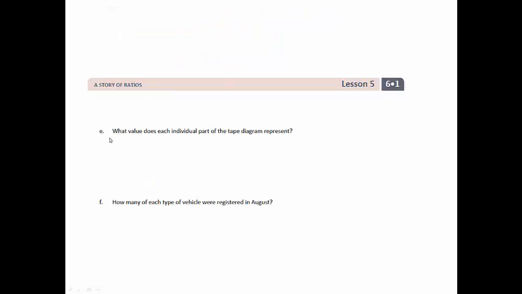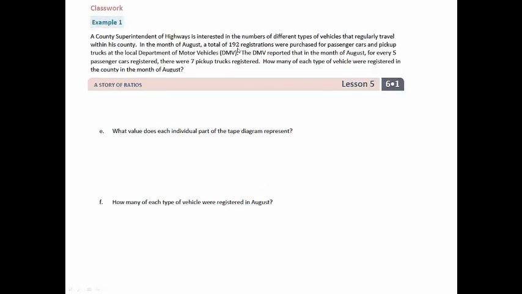If we look at Part E and go back to our original problem here, you can see where the total of 192 registrations were purchased for passenger cars and pickup trucks. We want to find what value does each individual part of the tape diagram represent.